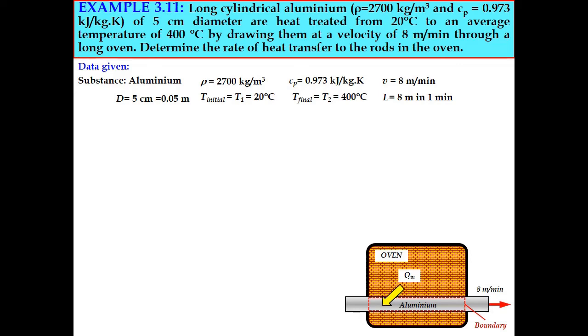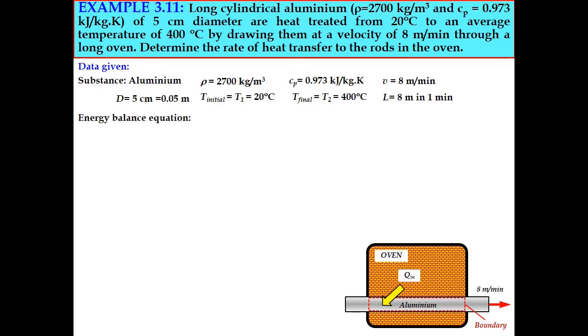Diameter equal to 5 cm or 0.05 meter. T initial, T1, equal to 20 degrees Celsius, and T final, T2, equal to 400 degrees Celsius. And the length of the rod involved, based on the velocity, is 8 meter in 1 minute.